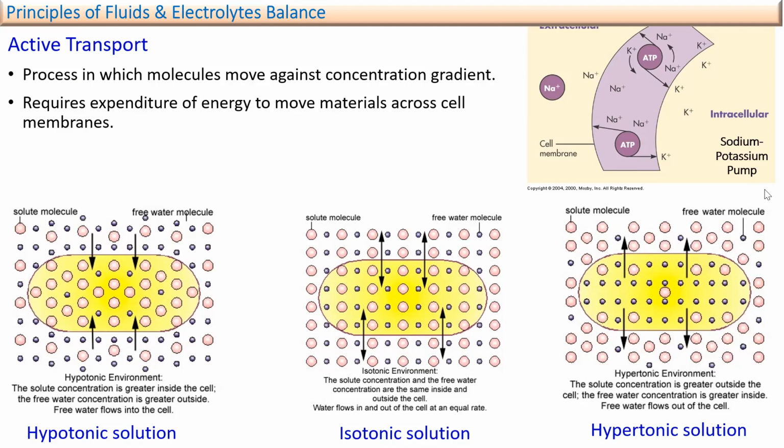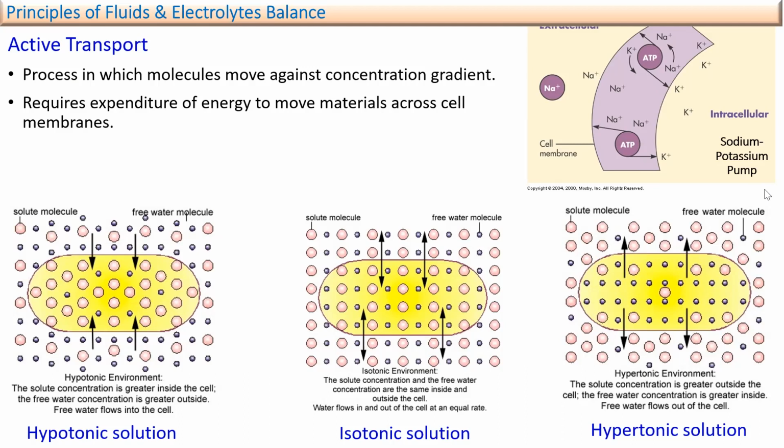When you have a hypotonic solution, you're allowing more fluid to move from the plasma to enter the cells. So out of the plasma, out of the blood vessels, into the cells. Isotonic is going to have both directions. In other words, the concentration inside and outside are exactly the same.